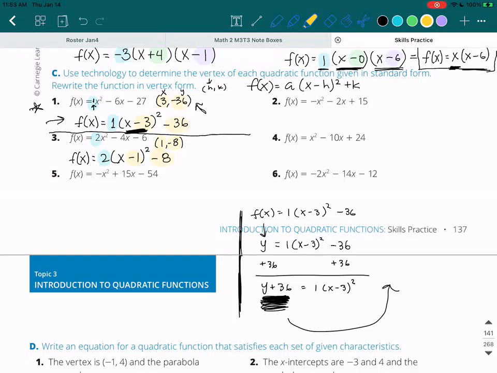Okay, let me draw a dividing line. And let me pause it to see if you guys have any questions. Let's go ahead and type the last one, number 5, into Desmos.